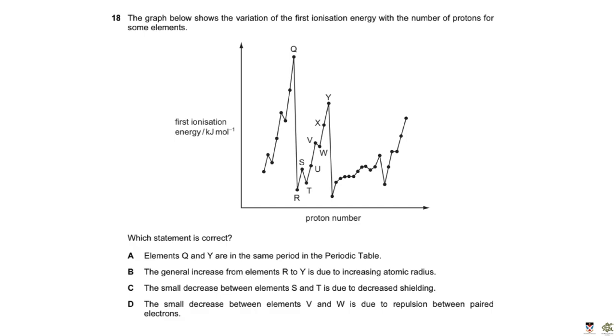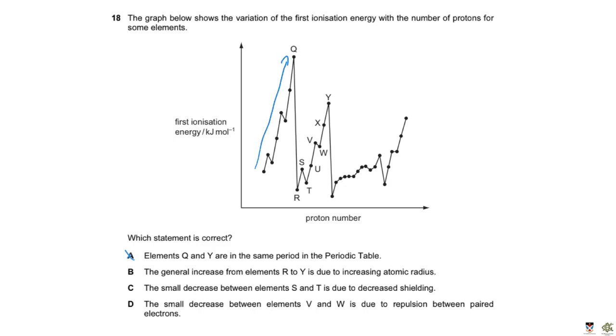The graph below shows the variation of the first ionization energy with the number of protons for some elements. Which statement is correct? Elements Q and Y are in the same period in the periodic table, and we know that is not correct because the trend that we see across a period is an increase in ionization energy. So this would be elements in the same period.